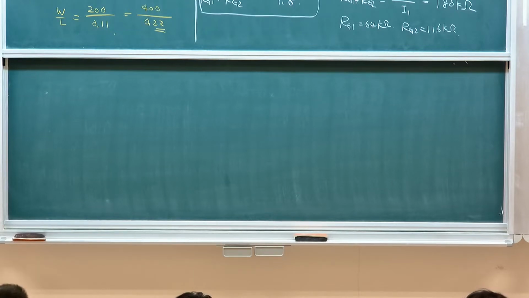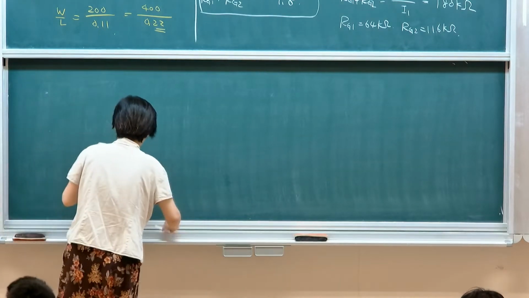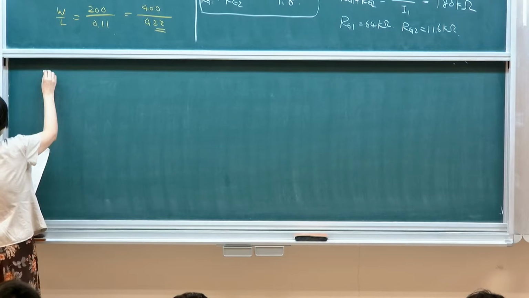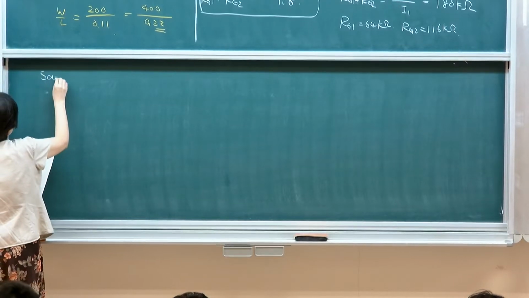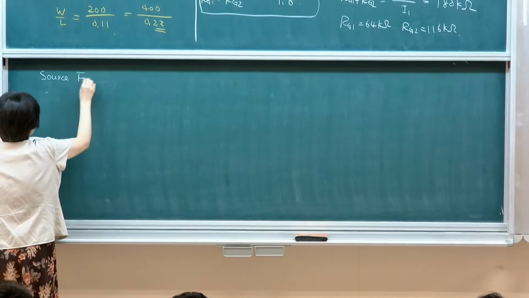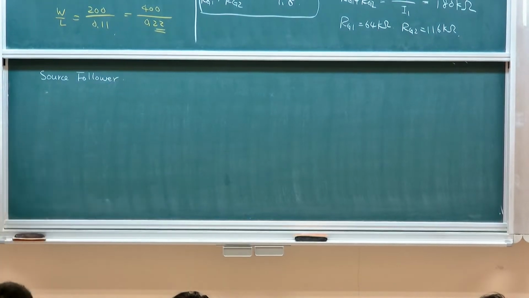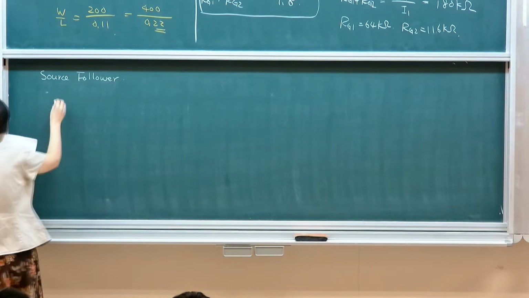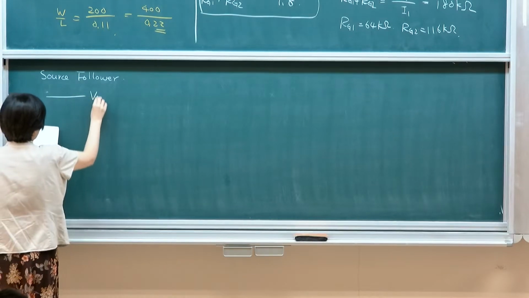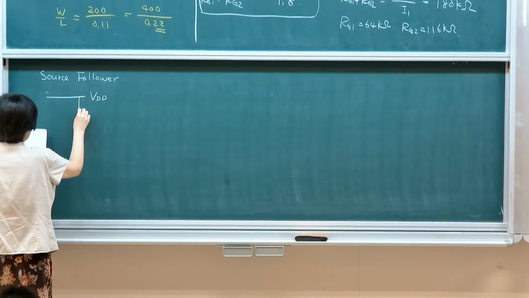Okay. So I'm going to quickly go through another example on a common drain circuit. Let's say I have a source follower that's common drain. I need to determine its biasing current in order to determine its output resistance. So let's say the circuit looks something like this, VDD.